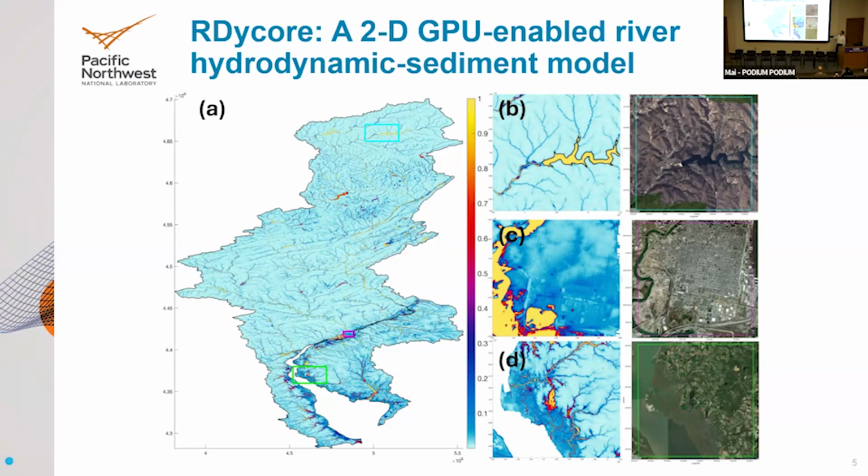And as we can see in panel C, during the hurricane, a large fraction of this urban area was inundated. One thing I want to remind you is that this kind of large scale, high resolution simulation is not possible without the use of GPUs. This is also the major technical advancement of our development.